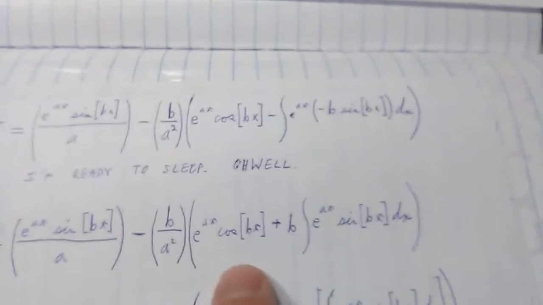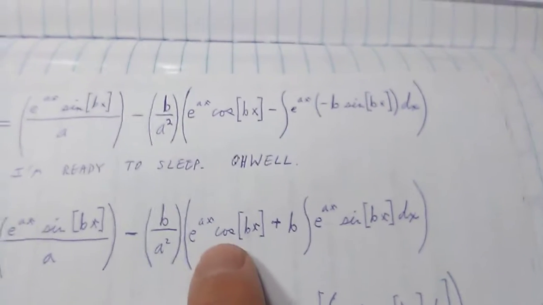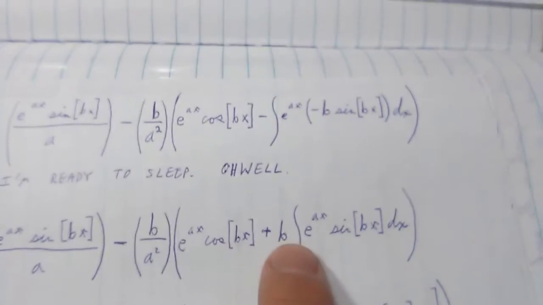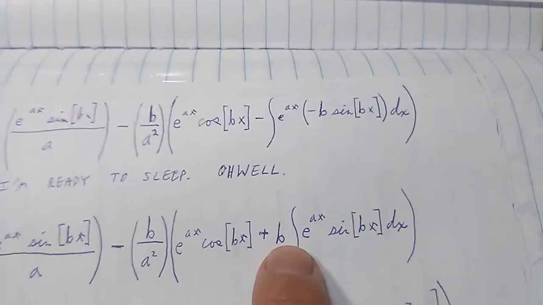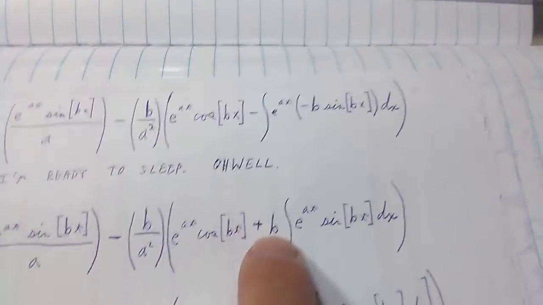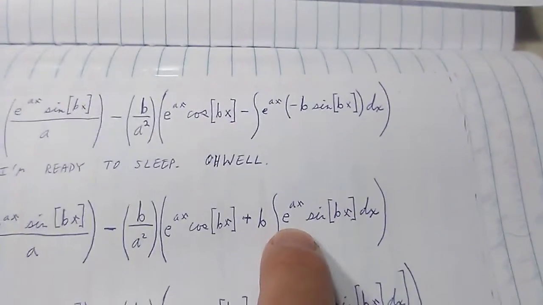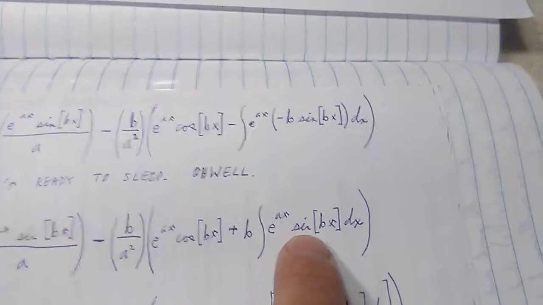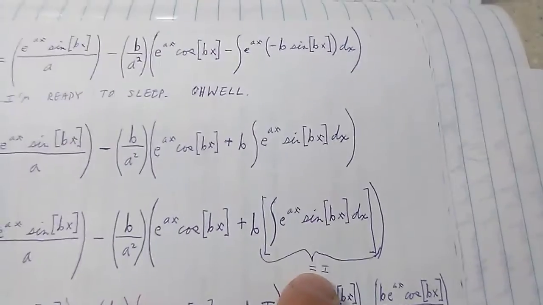So first term staying the same, we're just going to continue reevaluating this piece here. The factor b over a squared is the same, and as is the first term. We pulled a negative b out of this term here, and multiplying times that minus sign, we have a positive b for the factor, multiplied times e to the ax times sine of bx, which, ta-da, is the same thing that we are trying to evaluate.